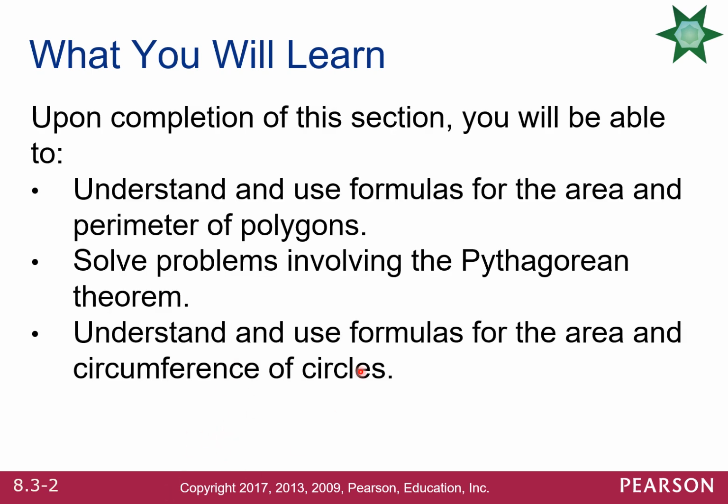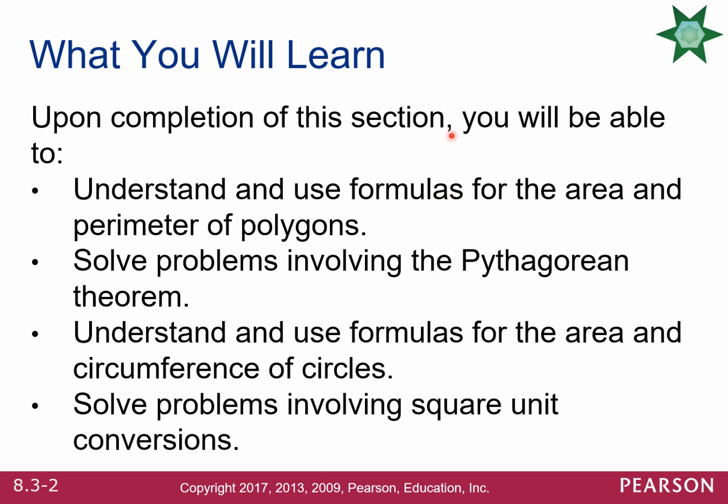First of all, we'll understand and use formulas for the area and perimeter of polygons. So we will look at different formulas for the different polygons, starting from a triangle to all the different quadrilateral figures, and how we use them to find area and perimeter. Then we'll talk about a very important and useful theorem called the Pythagorean theorem, which applies to triangles, and we will learn how to solve problems using it.